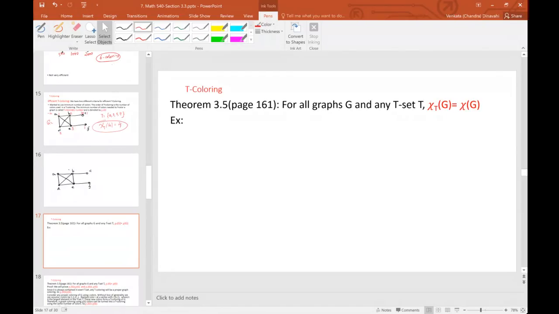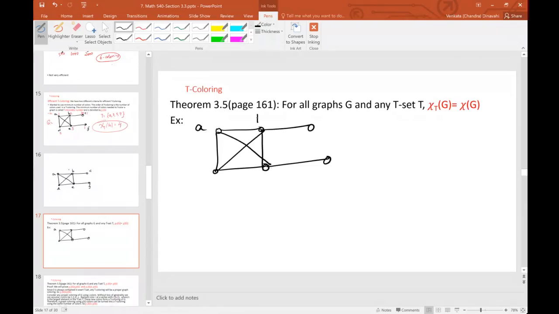These two are going to be the same. So let us prove this with the help of an example first. Take the same graph.